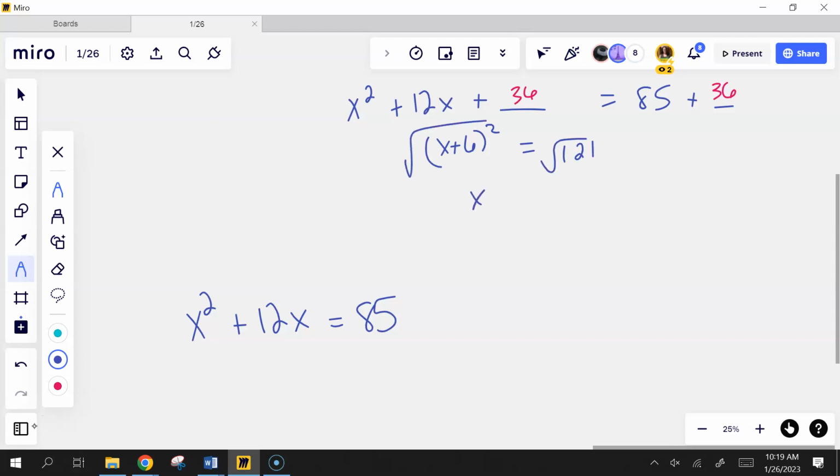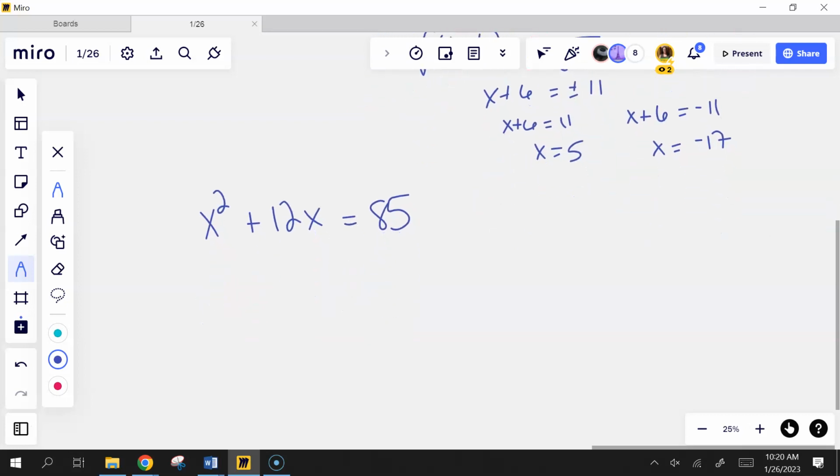Square root, I'd get x plus 6 equals plus or minus 11. So x plus 6 equals 11, and I know I'm going through this fast, but just to show you, so x equals 5 or x equals negative 17. When we do quadratic formula, we should get the exact same thing.